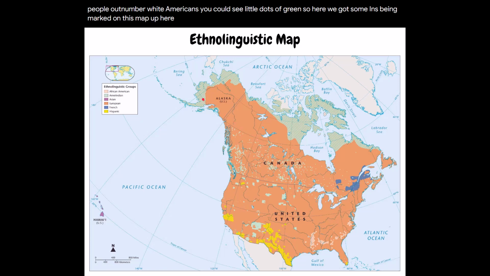Up here, you see two colors. You see Amerindian and what looks like European mixed. So this is the location of the Aleutian and Inuit ethnic groups.